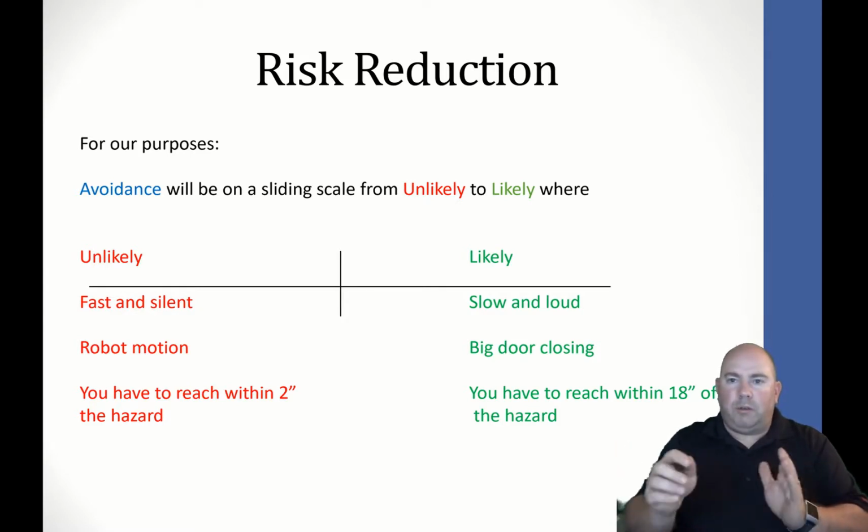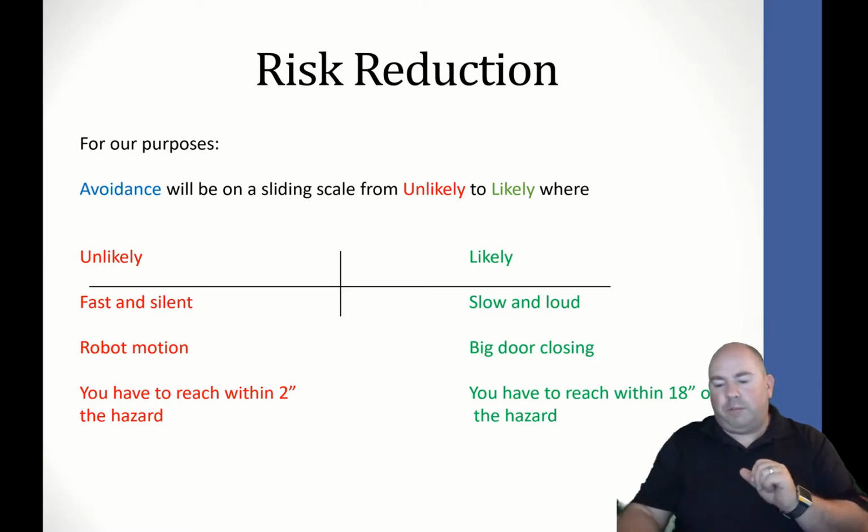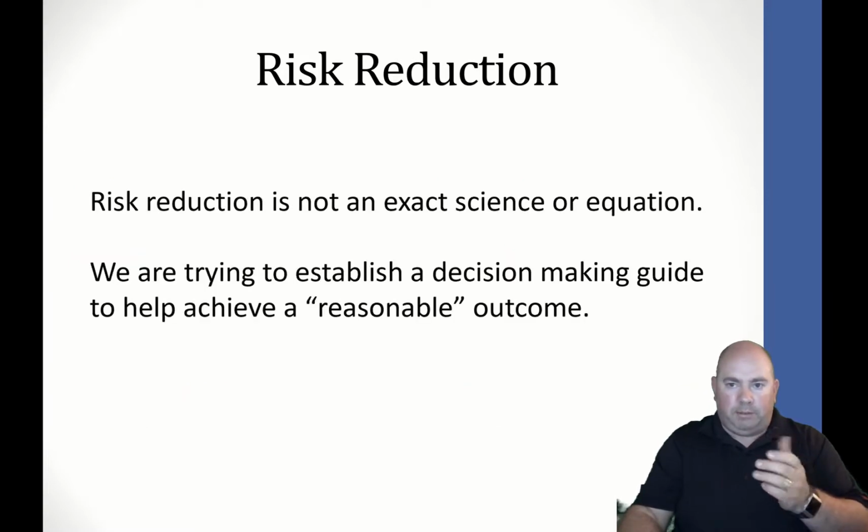So good spacing versus not good spacing could affect likely versus unlikely as well. And once again, as long as you can justify all these choices, that's good. It's like we said before, risk reduction, not exact science. We're trying to establish decision-making guides to help achieve a reasonable outcome.